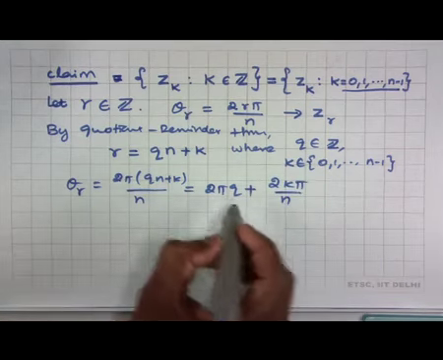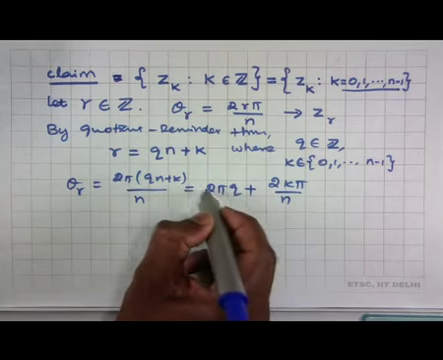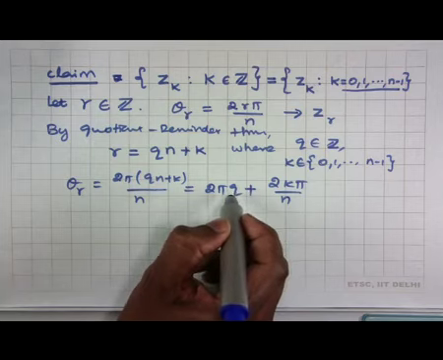We know that if arguments differ by an integer multiple of 2 pi, we get the same complex number.